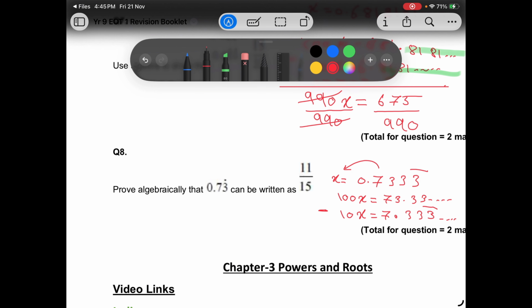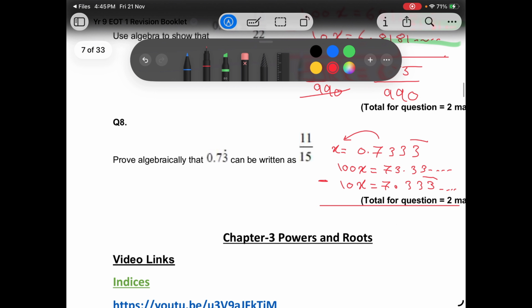Then I will subtract. So 100 minus 10 is 90x, and 73 minus 7, I'm not good at subtraction, 73 minus 7 is 64, I think.